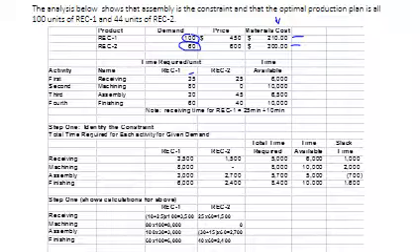No machining for REC2. Assembly for REC1, we just had the 30 minutes. REC2, we had the 30 minutes plus the 15, so that gave us the 45. REC1, we had 60 minutes of finishing, and REC2, we had 40 minutes of finishing. So this gives us all the information about the time required for each of the different products per unit.